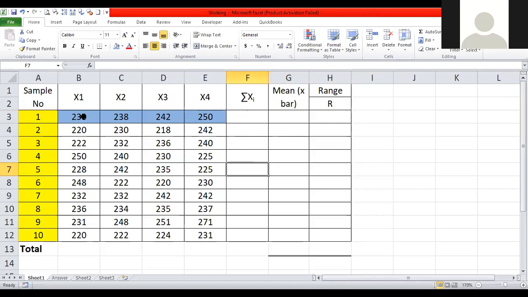So average for each sample. So we have 10 samples. So we have to find out the average of each sample.